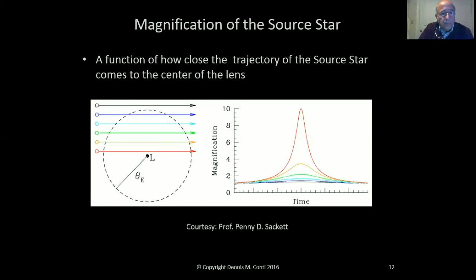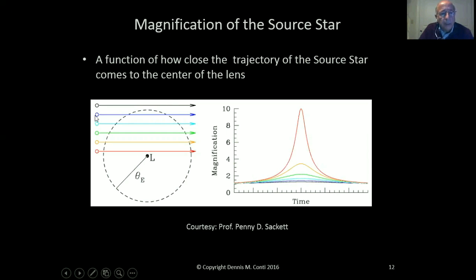So let's take now a couple of examples of a background star going across the Einstein ring at different segments of the ring. If the star passes outside the ring altogether, then it's not going to show any kind of increase in magnification.